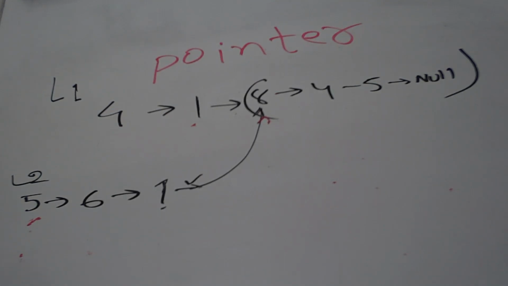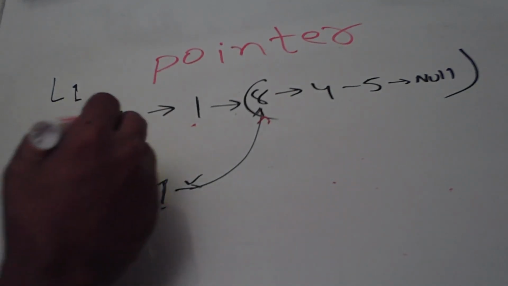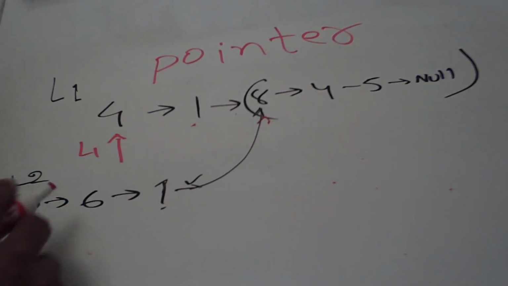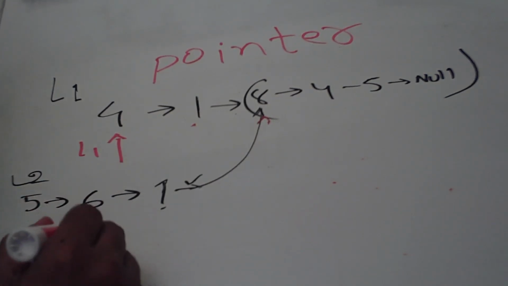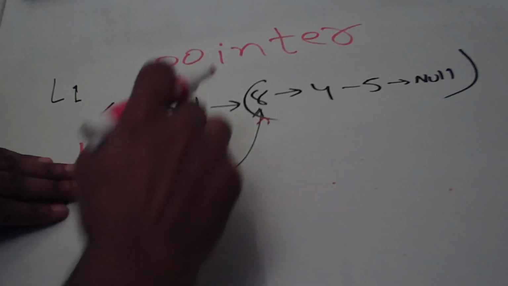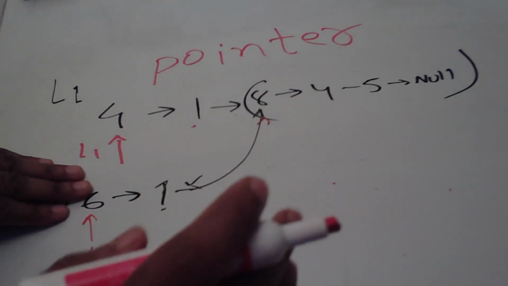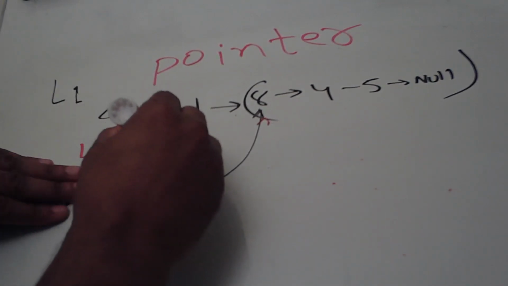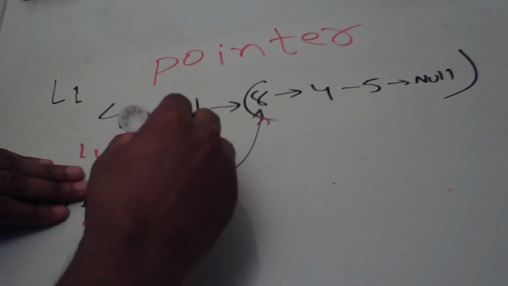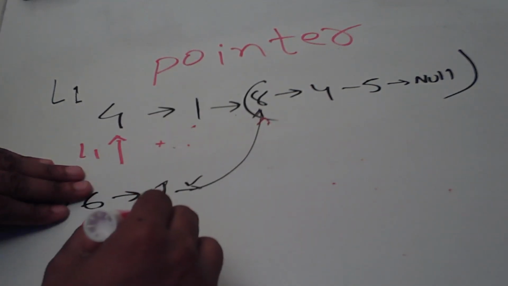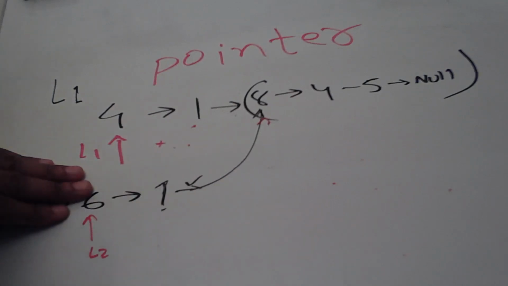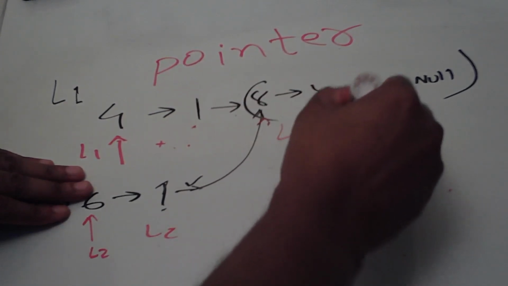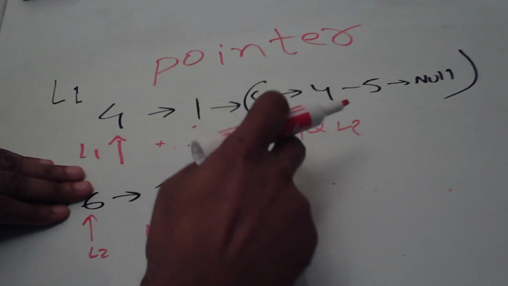If our L1 pointer starts from 4 and our L2 pointer starts from 6, then the remaining lengths of L1 and L2 will be the same. When the lengths are the same and we increase L1 by one pointer, L1.next, and likewise L2.next, at one point L1 and L2 will intersect, so both will become the same, and we can return that.